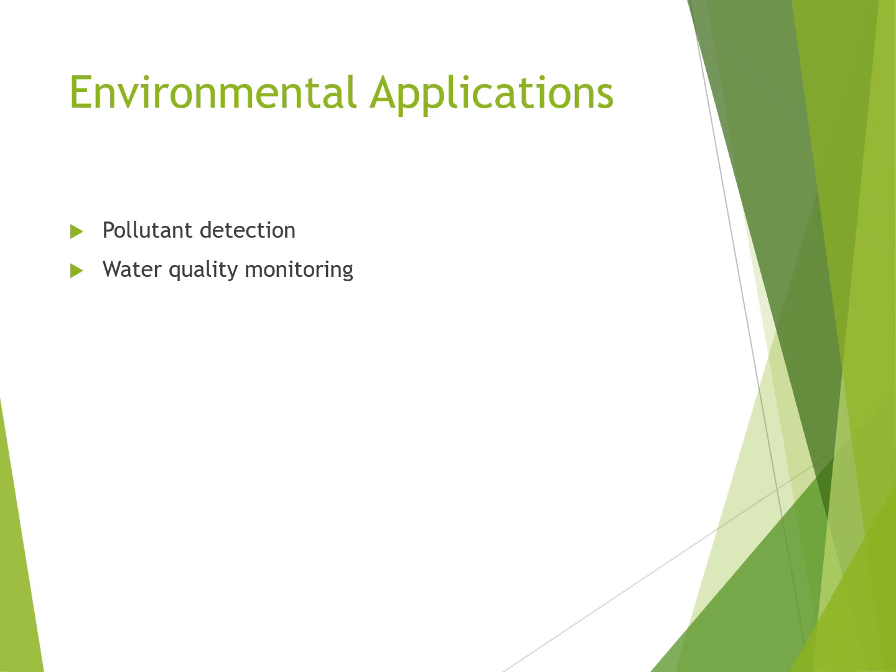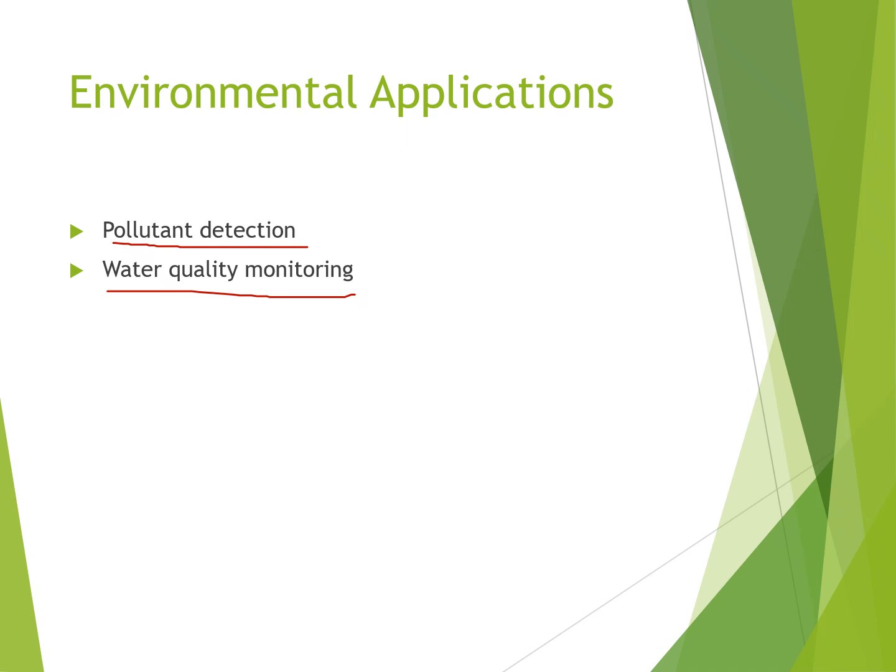Fluorescence spectroscopy is a very powerful tool in the detection of very low concentrations, so it can also detect pollutant concentration. It can monitor the water quality. It is very useful in pollutant detection and water quality. If we analyze the water, the quality of water can be checked.